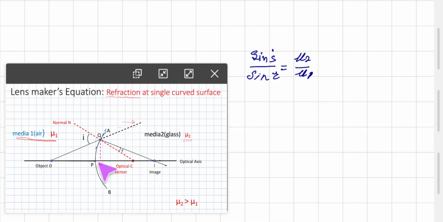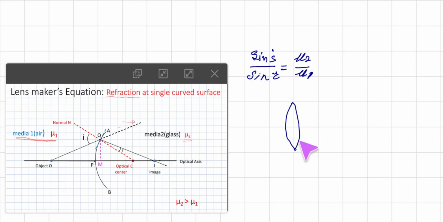So the important thing to be noted is that whenever we get the image of an object, actually we know that if this is a convex lens and a ray is coming parallel to the optical axis, then the image is formed at the focal point.